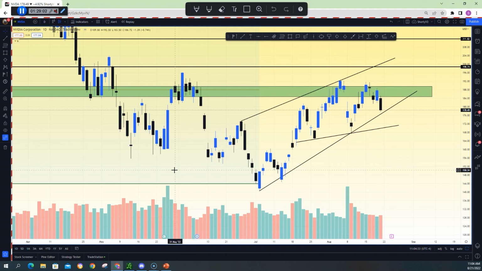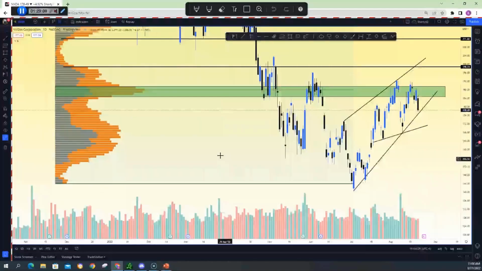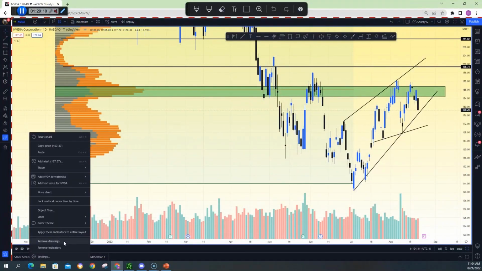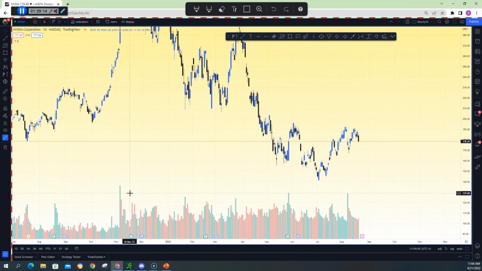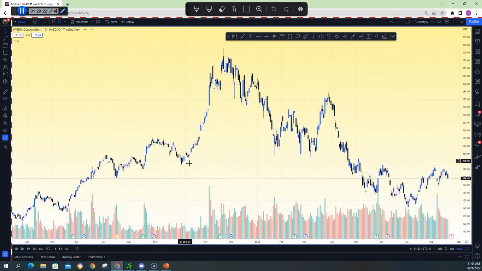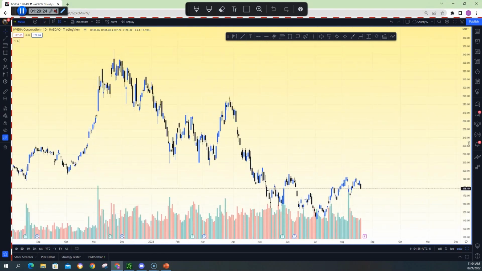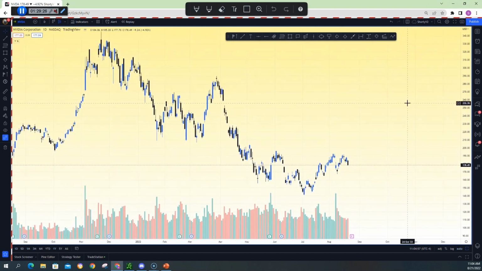Okay, let's look at NVIDIA. What do you guys see here on the video? Anyone see? Let me just remove it. What do you guys see here? Anything from a patterns perspective? Anyone?